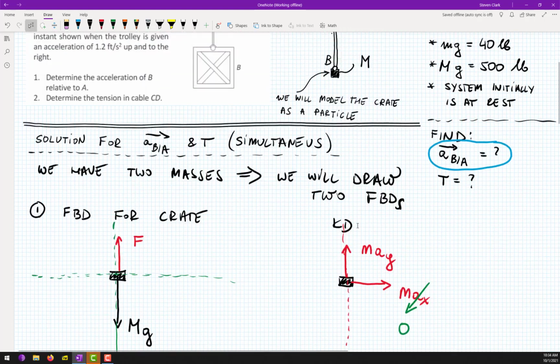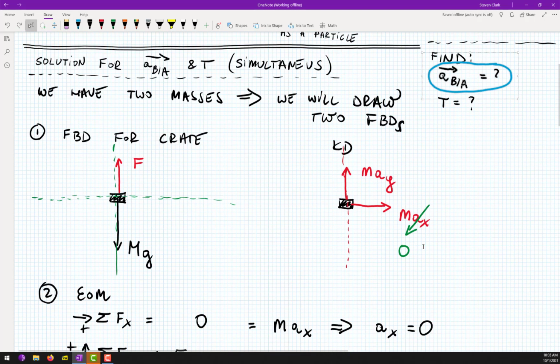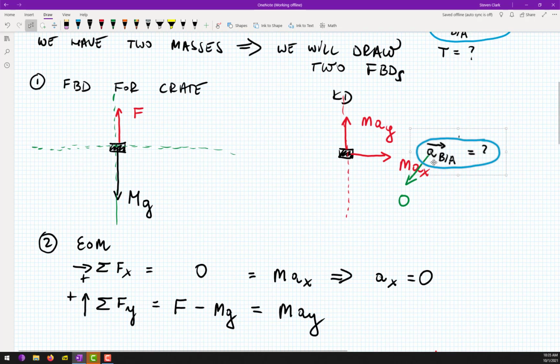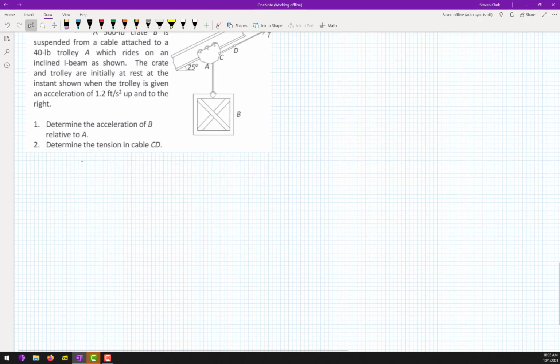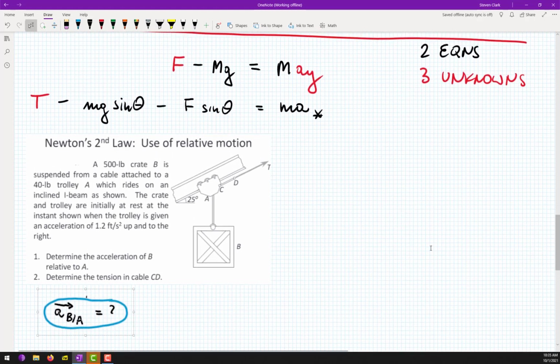Also, the thing is here. Wait a second. This is the hint that they gave us. Oh, come on. They ask us to find a B relative, a B A relative.